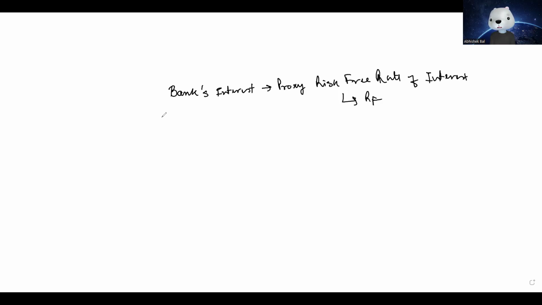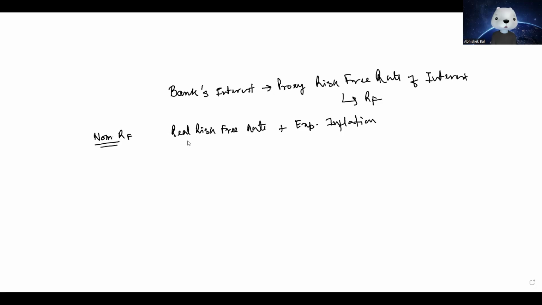Now, this risk-free rate of interest has two components. One is known as the real risk-free rate, and another is known as the expected inflation. And I also mentioned that this is as close as we can get to the nominal risk-free rate of interest.